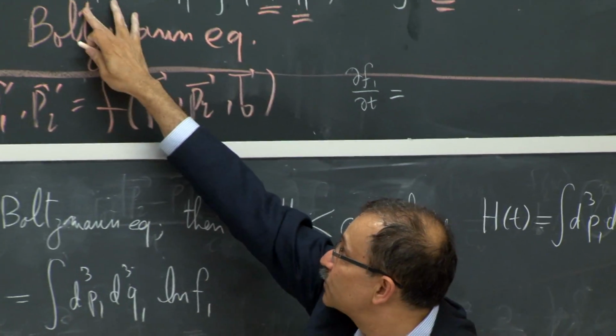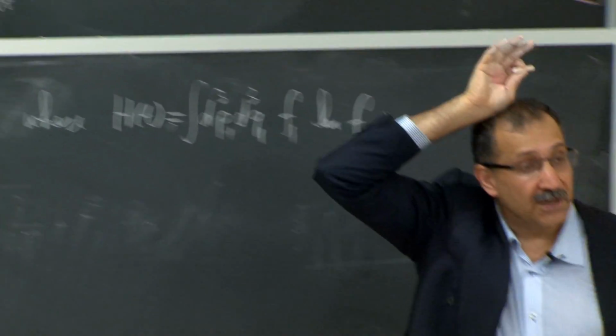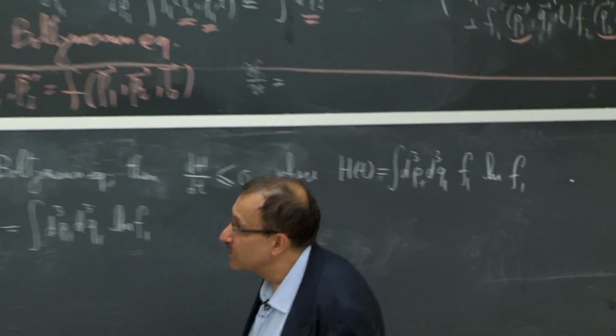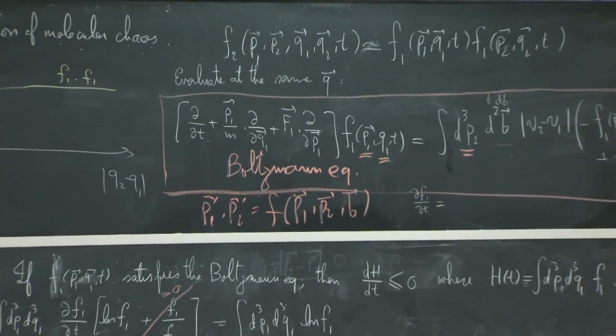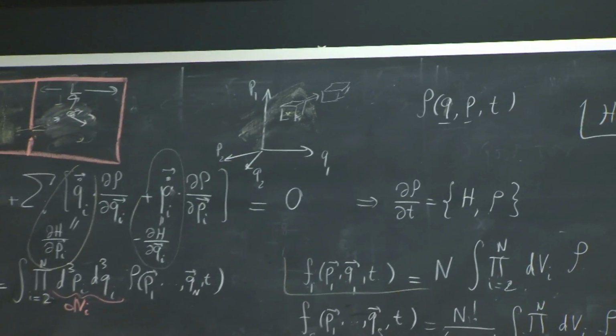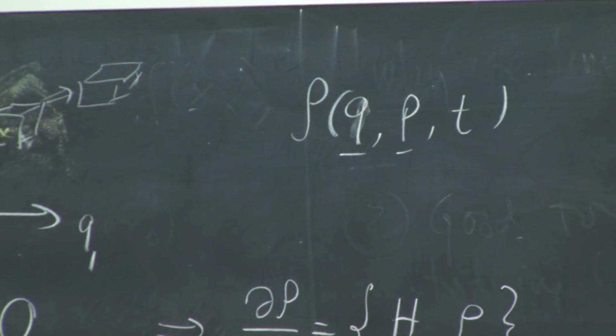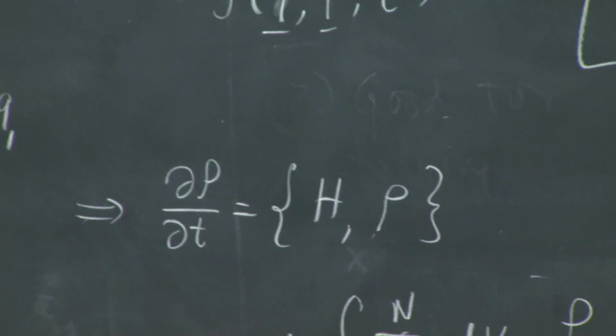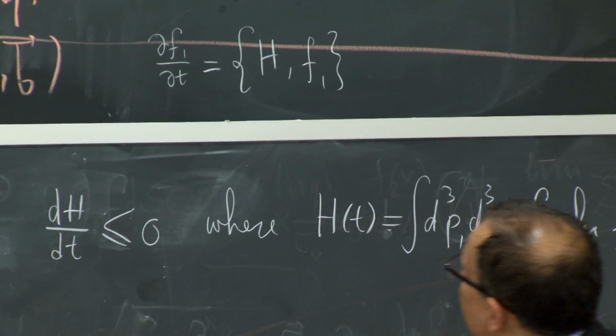I take this part to the other side of the equation. This part is also the Poisson bracket of a one particle H with f1. So if I take it to the other side, it will be the Poisson bracket of H with f1.